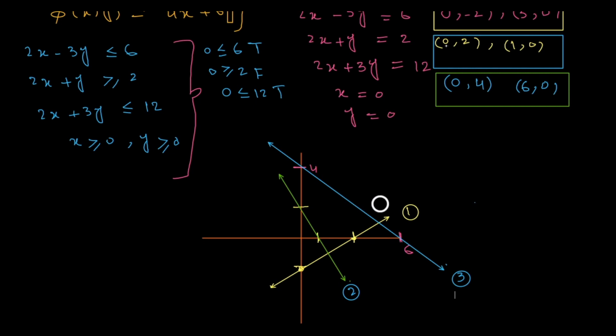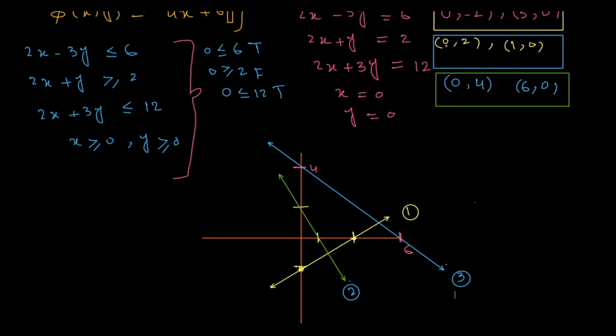Okay, so when we talk about towards the origin, then our point will be away from it, but the second line, 2x plus y, has its solutions away from the origin.